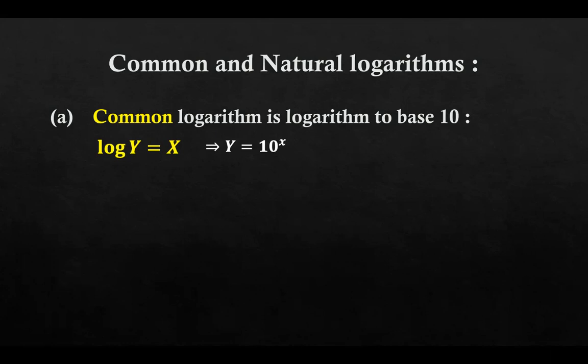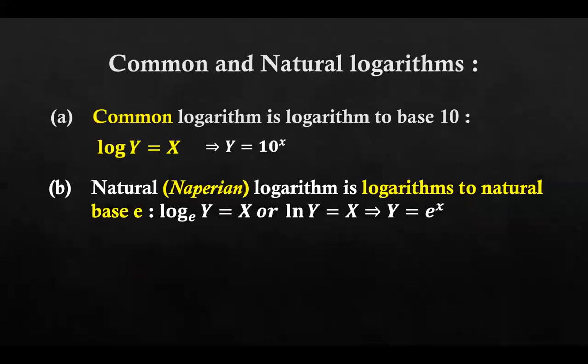So what is natural log? Natural log is a Neperian log, a logarithm to the natural base e. So what is e? e is a number that is 2.71828182845 and so on.